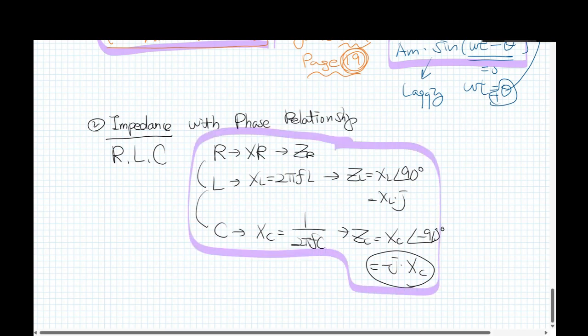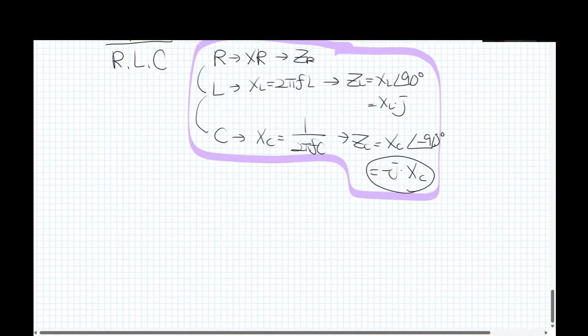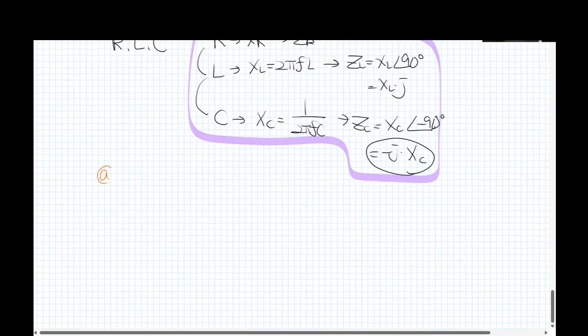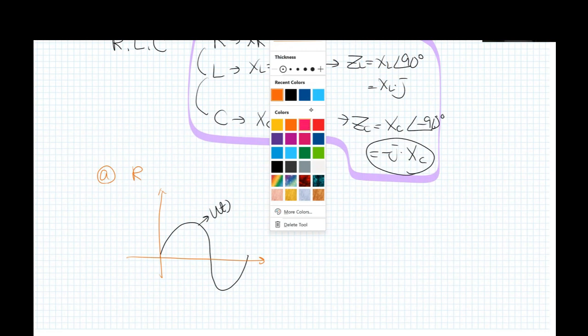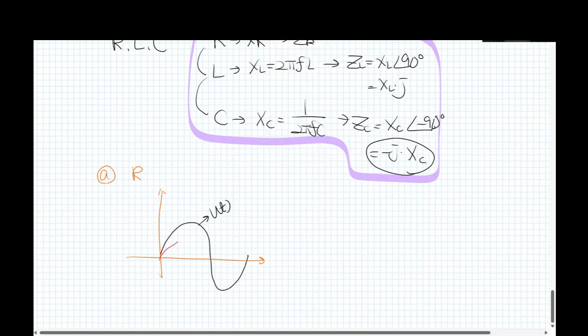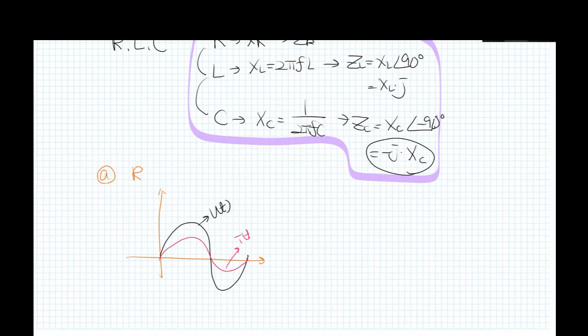So let's see, the R case, like this one. For example, that is v of t, and like this one, that is i of t.